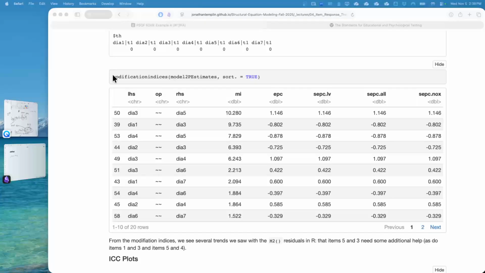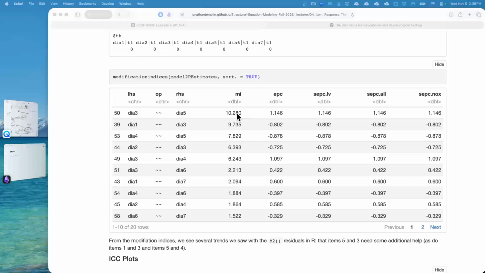So what this is telling us, if you look down here on the left side, DIAA3 ~~ DIAA5 gives us the residual covariance between item 3 and item 5. That is the highest modification index. That value is 10.280.